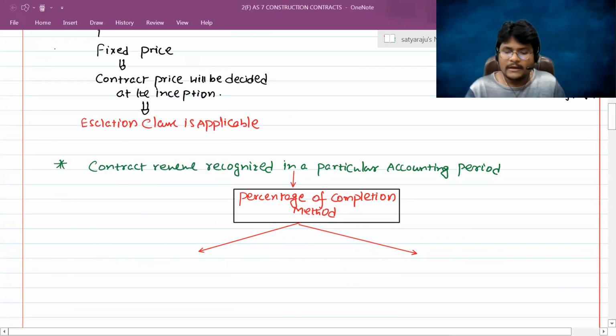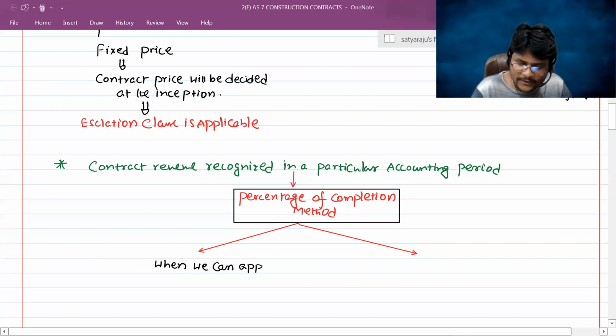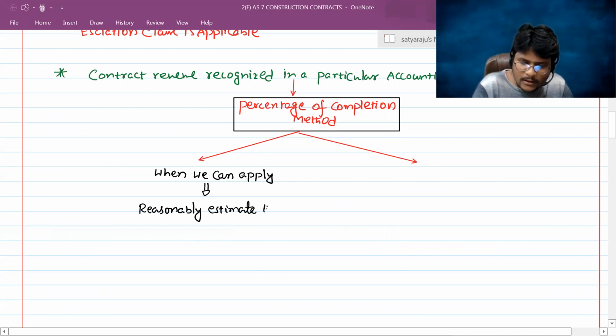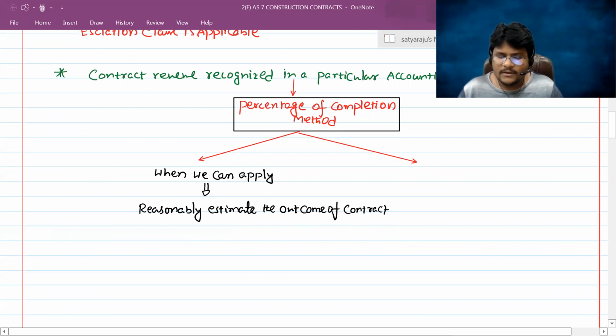When we can apply the percentage of completion method: if we can reasonably estimate the outcome of the contract, then you can apply the percentage of completion method.